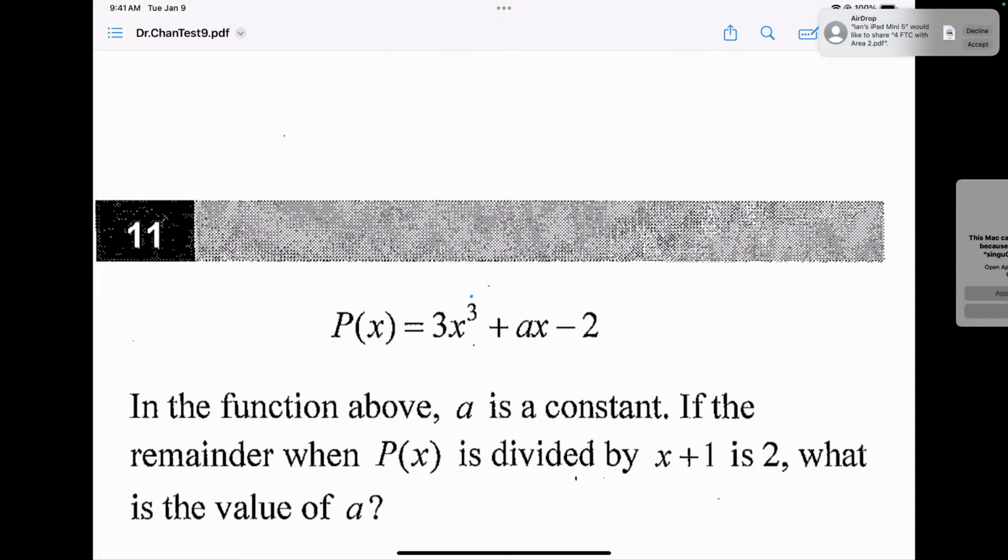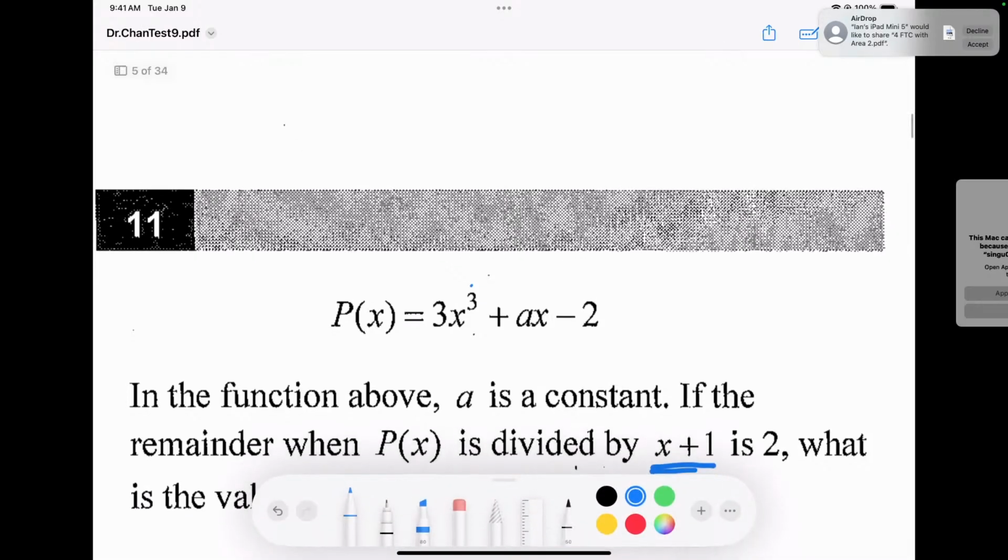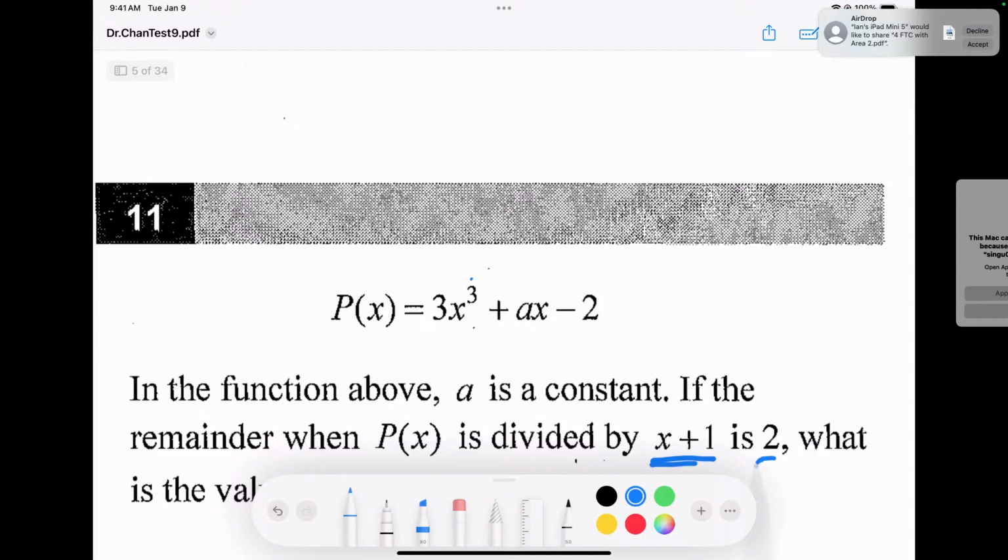So pay attention to the question. Pay attention to the question. They say divided by x plus 1, the remainder is equal to 2. That means something though. The shortest path is actually this: P of negative 1 is equal to 2. Does that make sense?